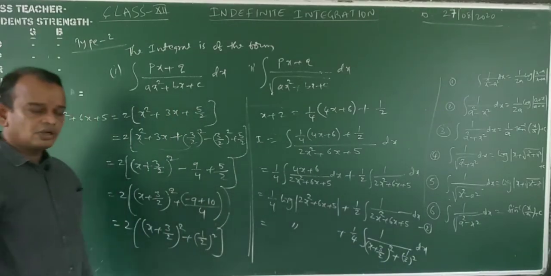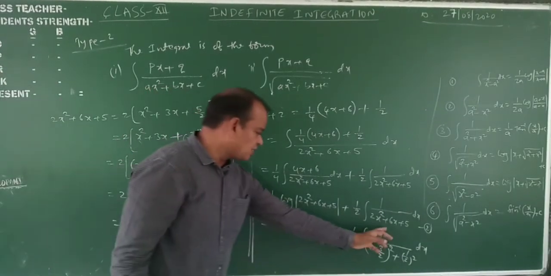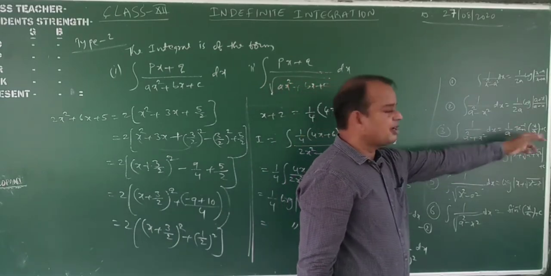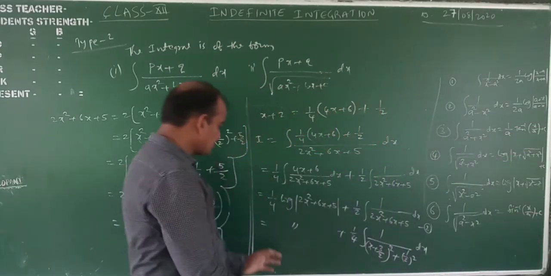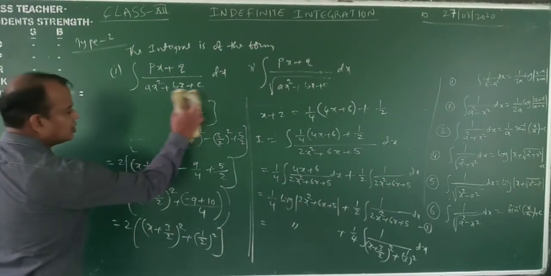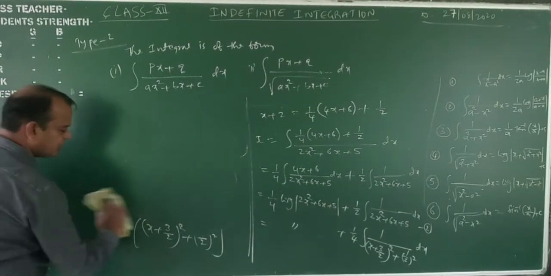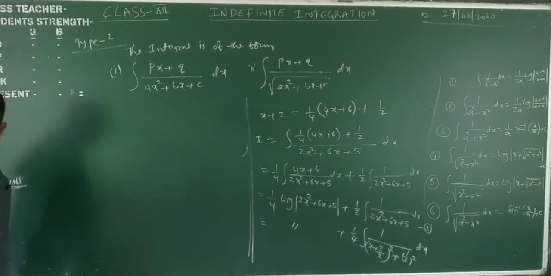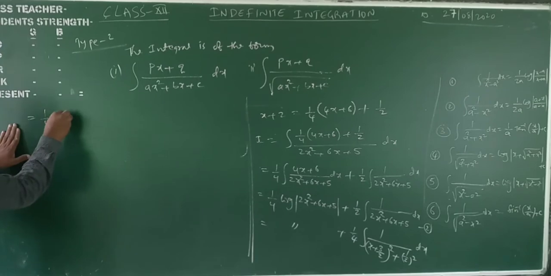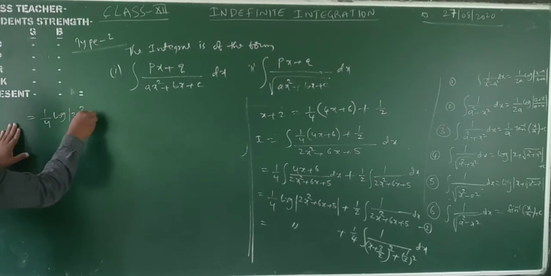Now we go to the formula: 1 by x square plus a square has the formula 1 by a tan inverse of x by a. The first term is common: 1 by 4 log mod 2x square plus 6x plus 5.